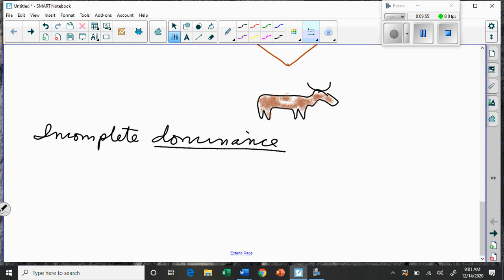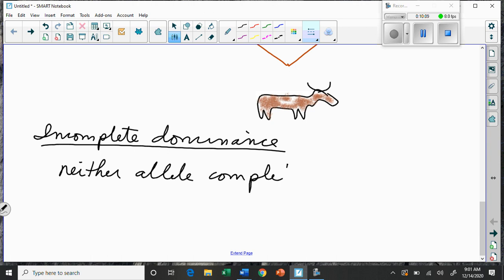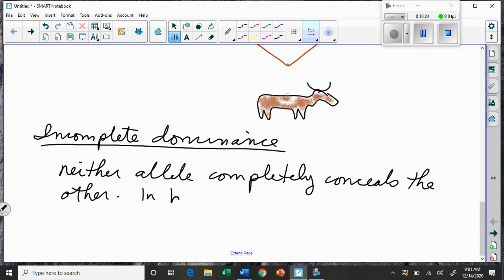Incomplete dominance is a situation in which neither allele completely conceals the other. And so what you get is an in-between phenotype.